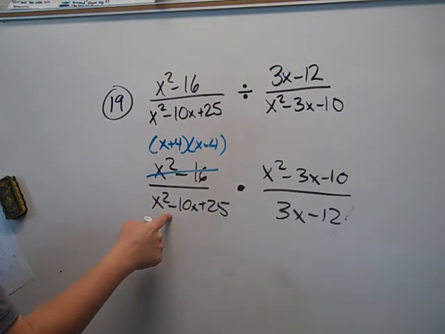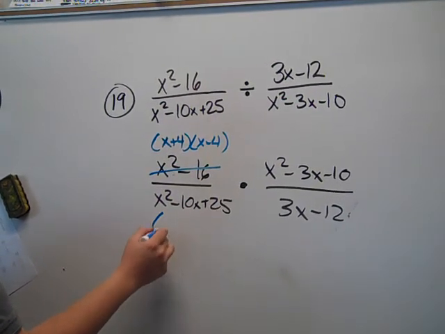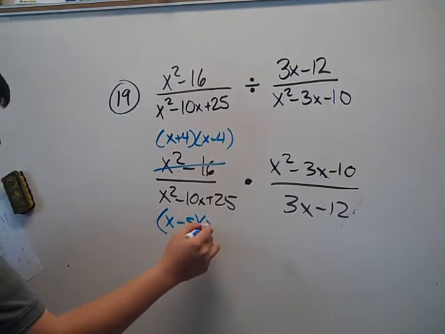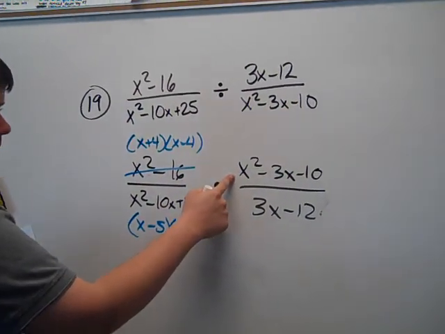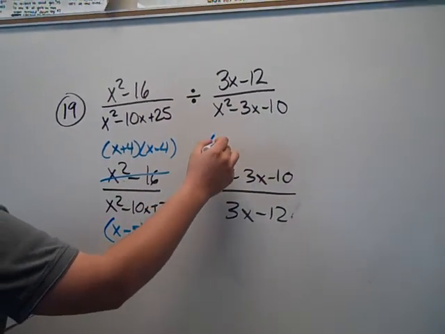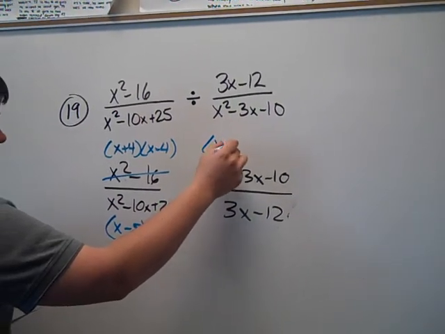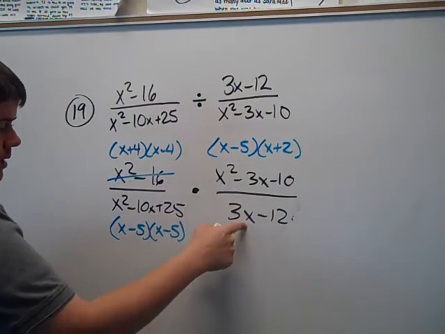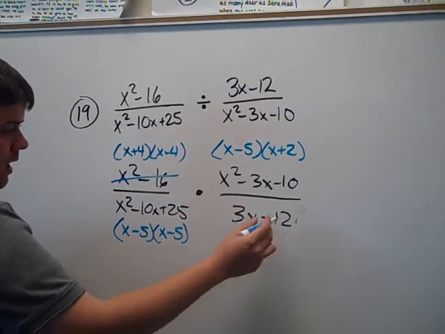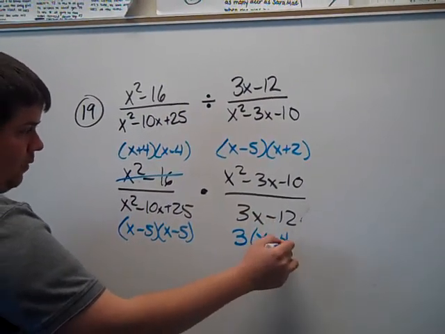I know that x squared minus 10x plus 25 is going to be x minus 5 times x minus 5. I know that x squared minus 3x minus 10 is going to be x minus 5, x plus 2. And I know this has a GCF of 3, and I'm left with x minus 4.